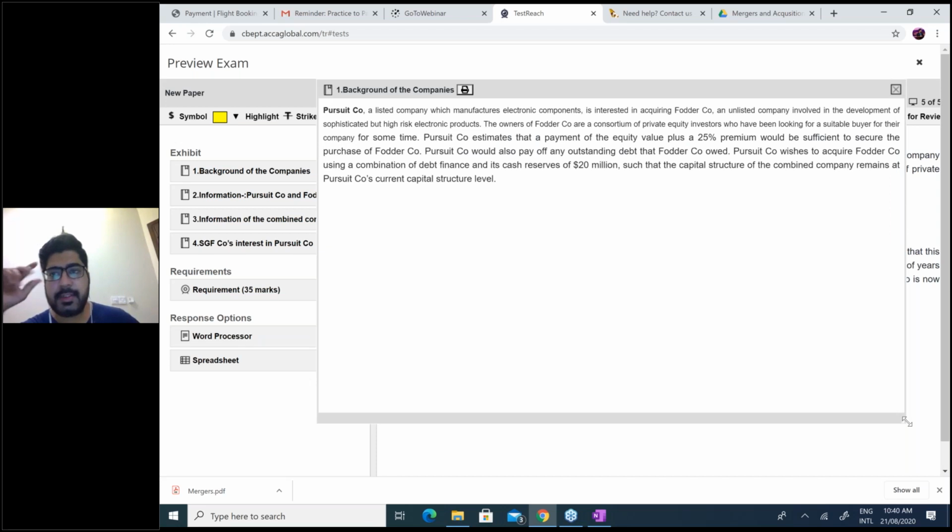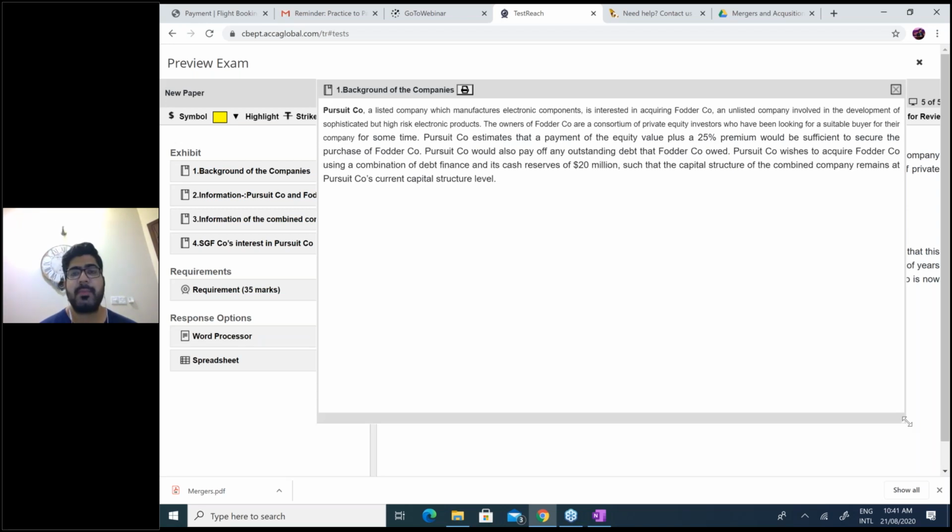The question states: Pursuit Company, a listed company which manufactures electronic components, is interested in acquiring Further Company, an unlisted company involved in the development of sophisticated but high risk electronic products. The owners of Further are a consortium of private equity investors who have been looking for a suitable buyer for some time.